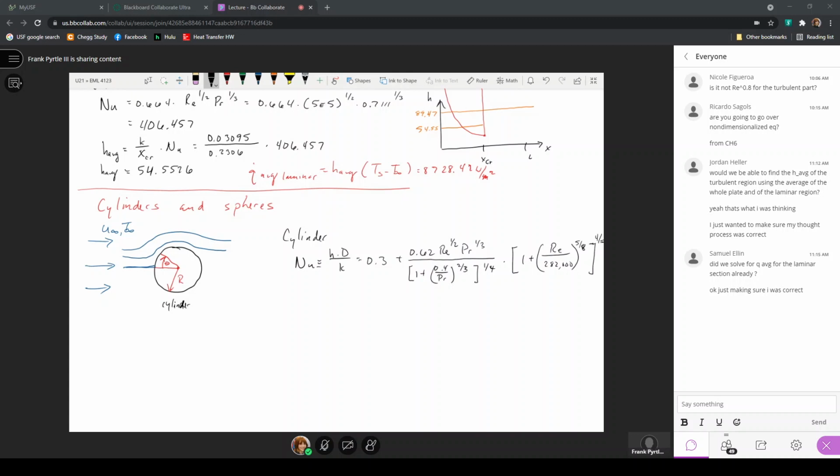Now, this expression for the Nusselt number is much more complex because, again, this has to take into account what would be considered laminar and turbulent flow conditions. During laminar flow conditions around a cylinder, there's no flow separation that would occur, in that the streamlines would be not only mirror images on the top and bottom, but also front to back for extremely low Reynolds number flows.